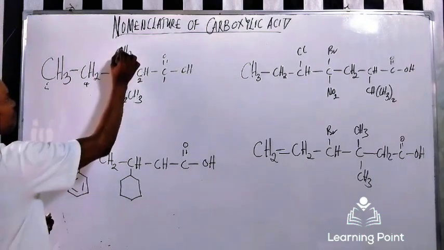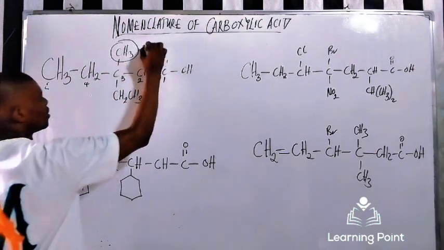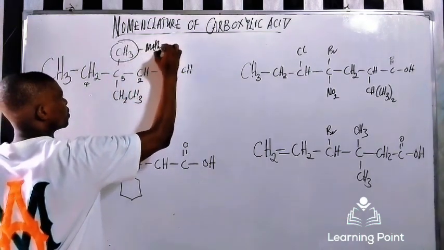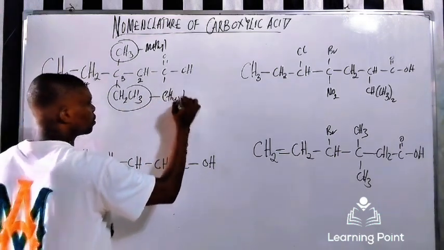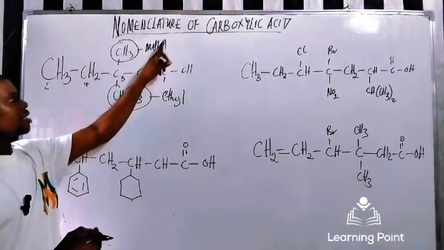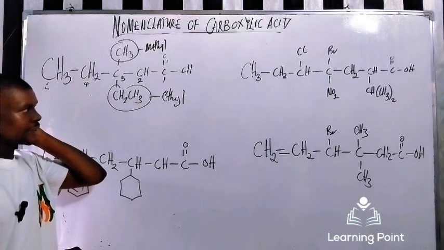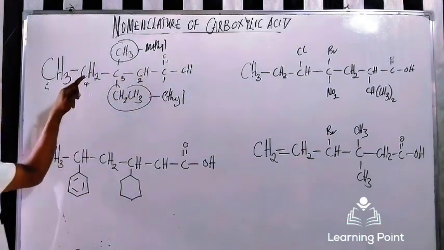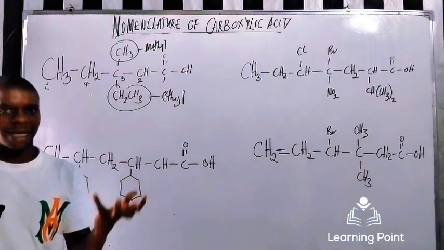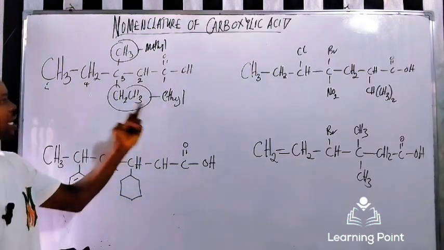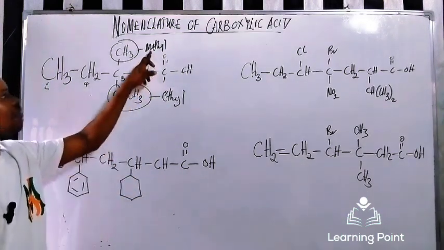If you check very well, you have a methyl and an ethyl. Now, remember the parent is going to be pentanoic acid, because it's a 5 carbon chain. At carbon 3, I have an ethyl, and at carbon 3, I have a methyl.